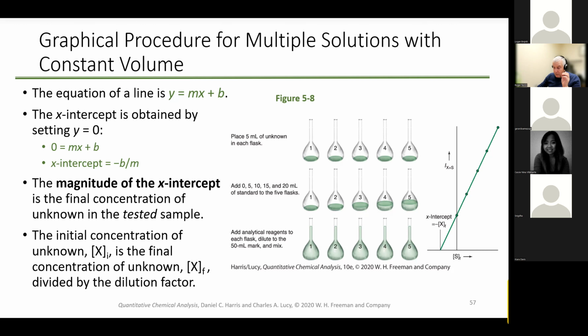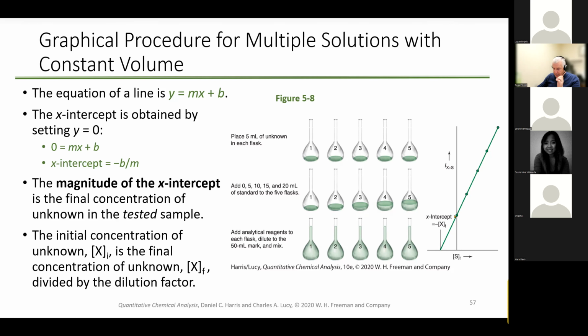So this is super dependent on you having a good blank correction for your signals too, right? Because there can be 0 offset here. So you're relying on the fact that at 0 concentration, this signal goes to 0.